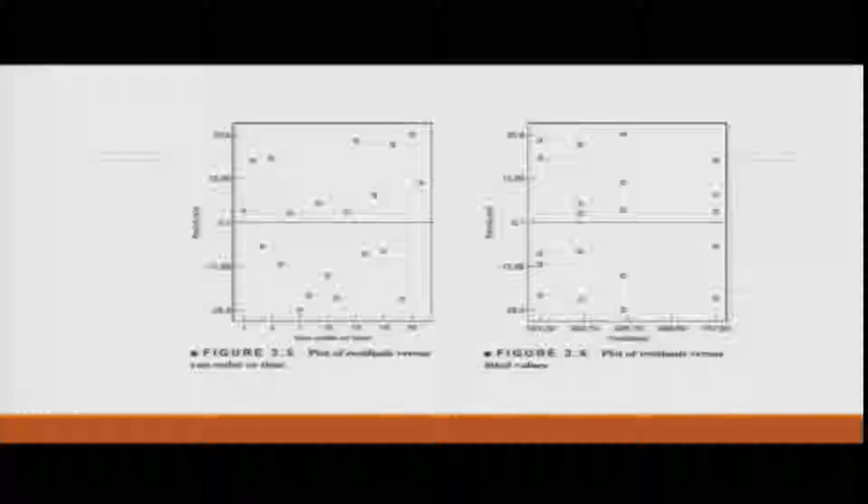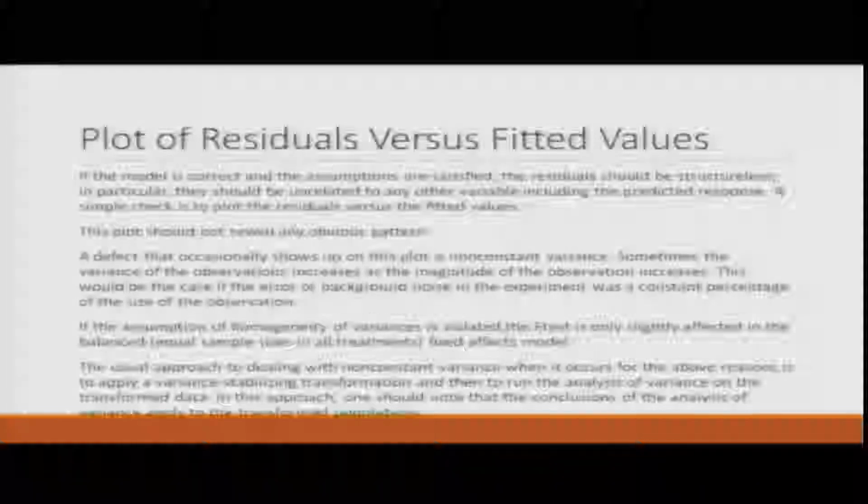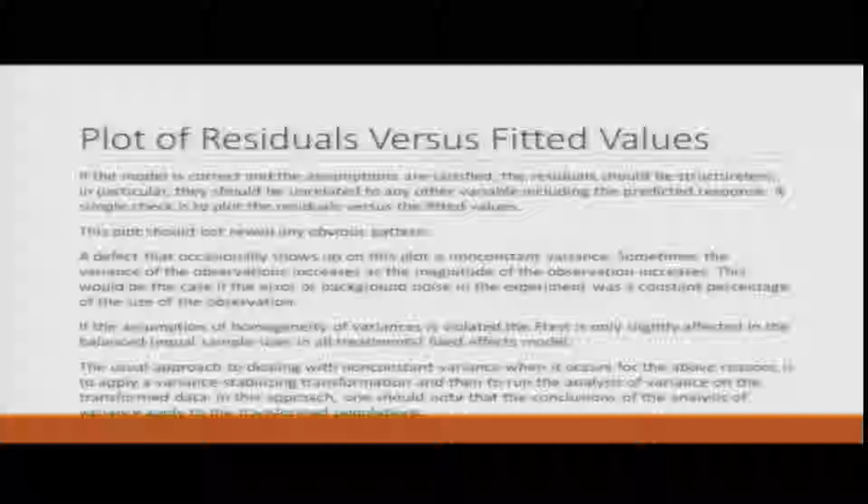Similarly, the predicted values and the residuals are plotted on the x axis and the y axis for figure 3.6. It is written that the plot of the residuals versus the run order or time is given in figure 3.5, and the plot of residuals versus fitted values is given in 3.6. If the model is correct and the assumptions are satisfied, the residuals should be structureless.